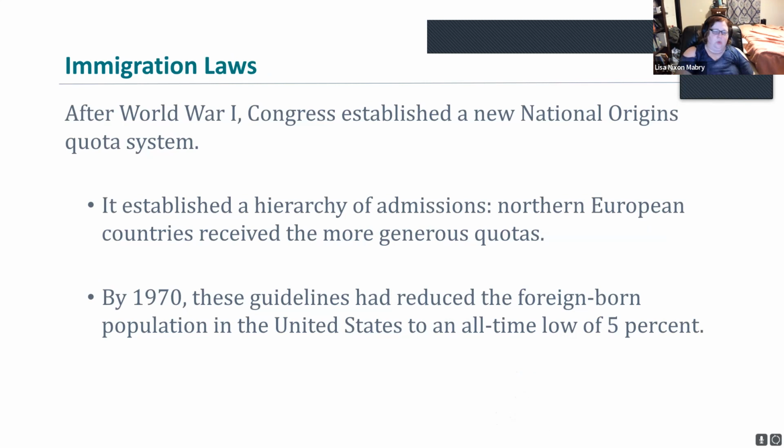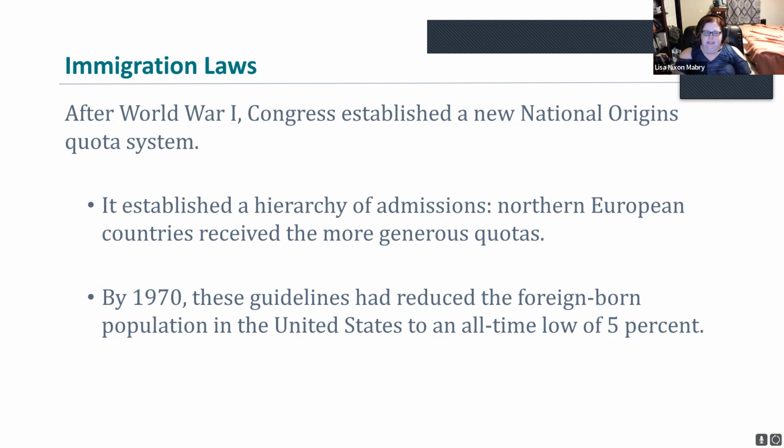After World War I, we created a national origins quota system, where we allowed certain percentages of different types of people from different places to come in, so much a year, so much at a time, right? We'll only allow this number of people each year from this country, and this from this area, and this from this area.